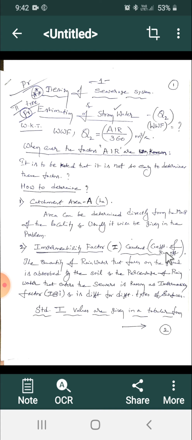I value is nothing but coefficient of runoff. Now runoff is how much? That is 50%, which in terms of numbers is 0.5. If 80% of water is flowing, it means 0.8. If 60% is moving over the surface, that is runoff. How much water is going to reach the sewer line, the pipeline.